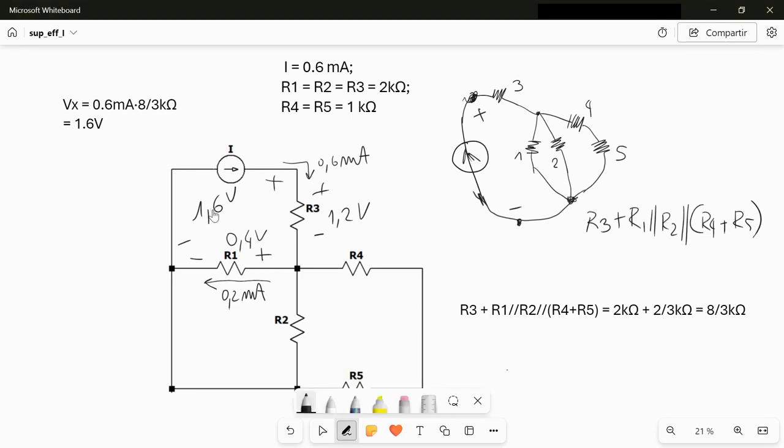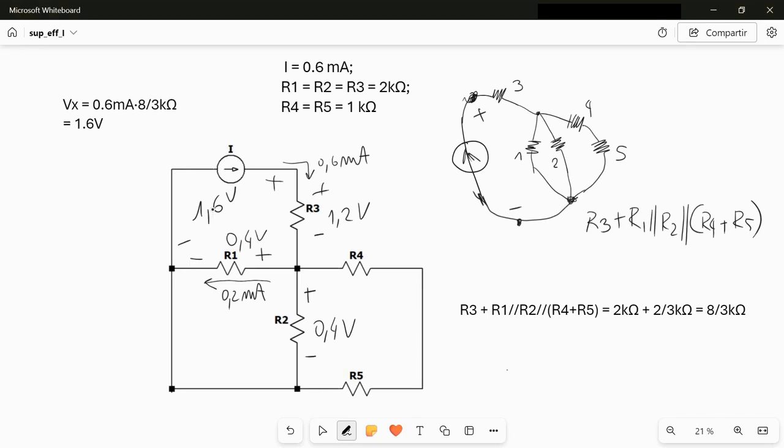Also, we can say that the voltage drop between this point and this point, which is 0.4 volt, is the same voltage drop between this point and this point. So we know now the voltage drop on R2. We can say that in R2 we must have plus minus 0.4 volt.